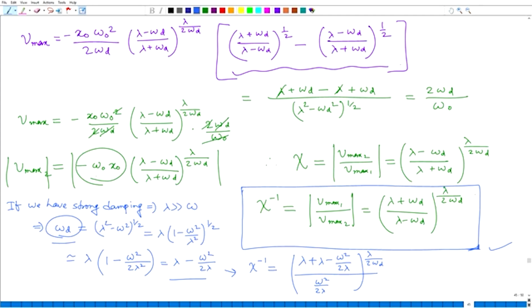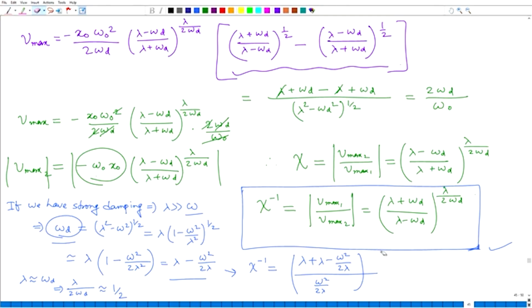That will be simply pretty close to half, because when omega is very very small, I can write lambda is almost equal to lambda omega d. So, I can actually write lambda by 2 omega d almost half.